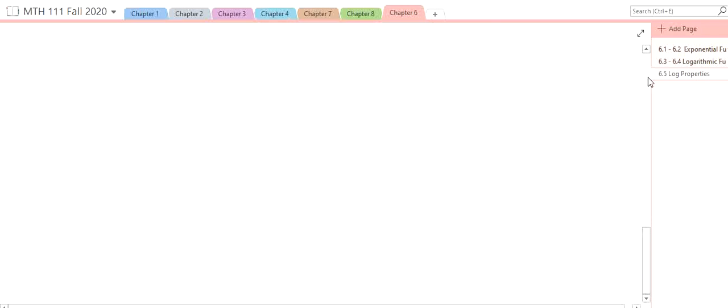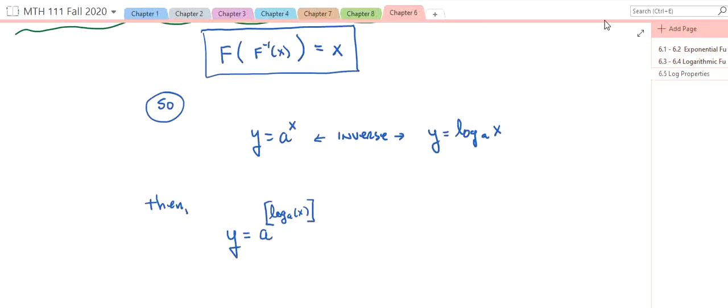So then if I look at the function y equals a raised to the power of log base a of x, the argument is the inverse of my original function.